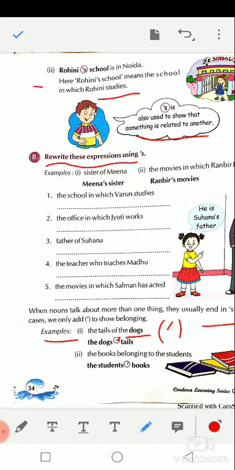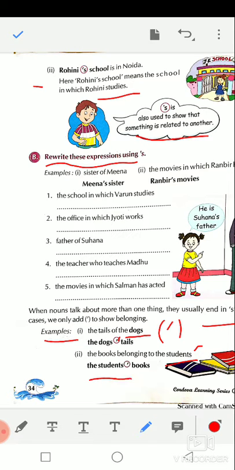Like the books belonging to the students, S is already there in students' books. So we have to put only an apostrophe here. So in plural nouns, you have to remember this, those that end with S. Not all end with S, but those plural nouns that end with S, we have to add an apostrophe only after them.